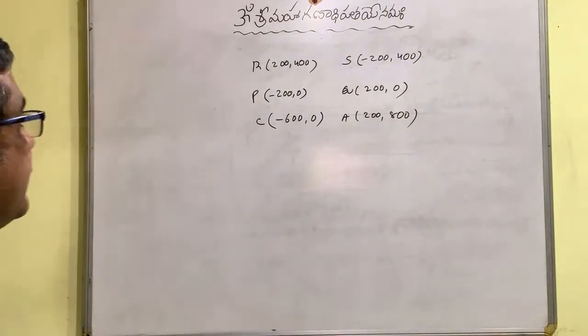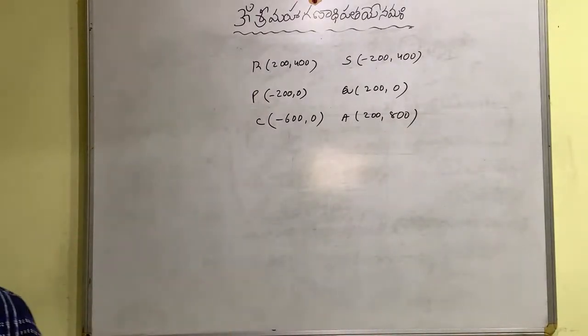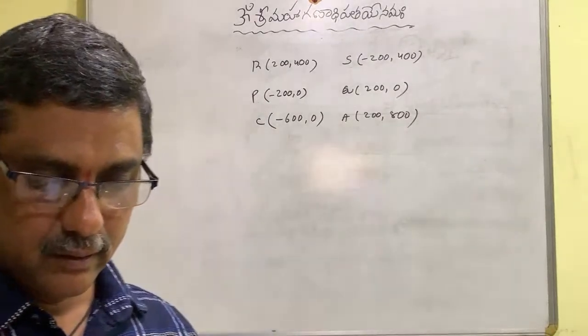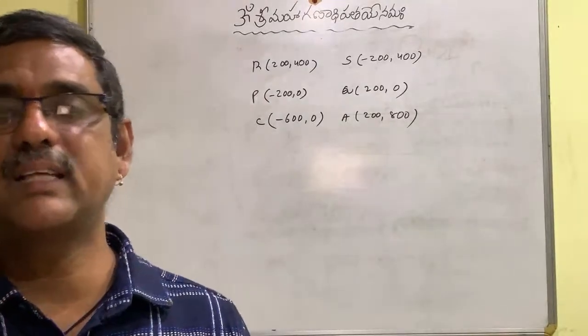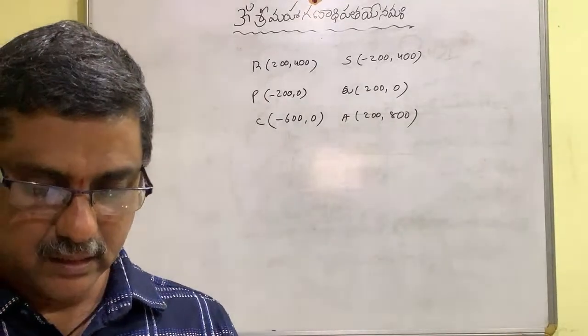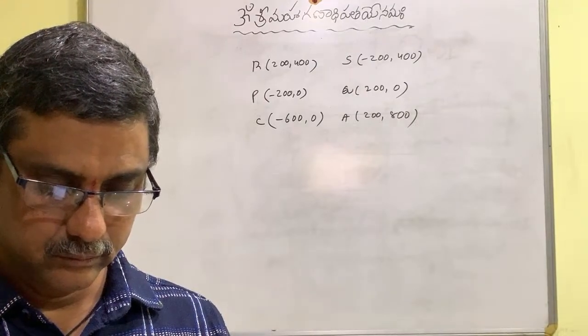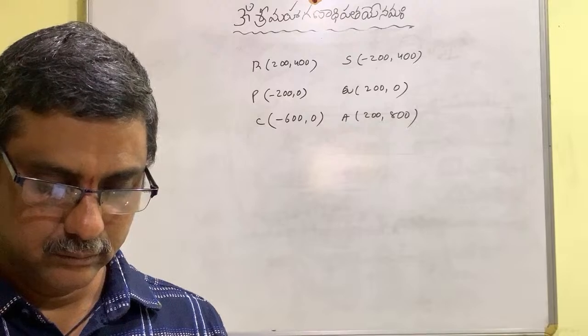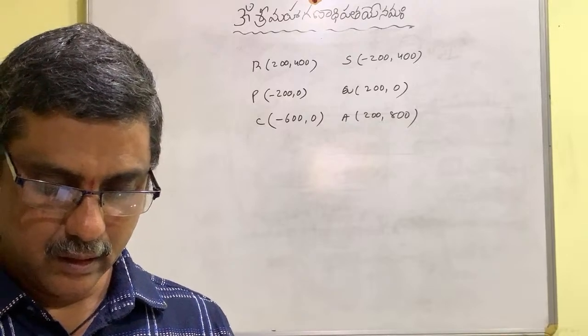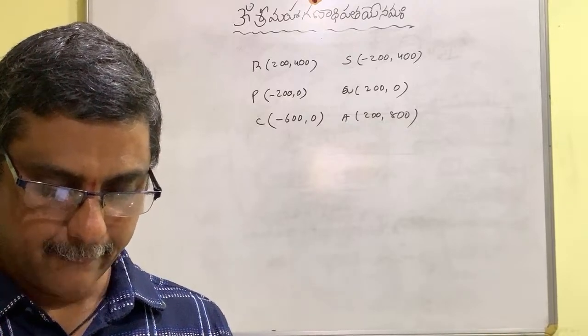And what are the coordinates of S? Minus 200 comma 400. And what is it asking? What is the ratio in which S divides CA?